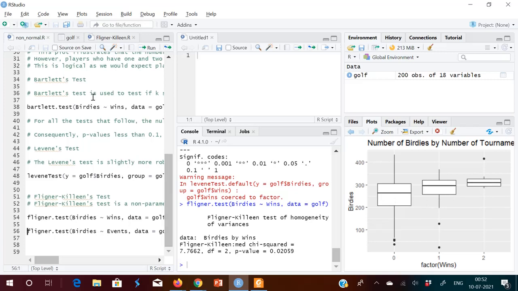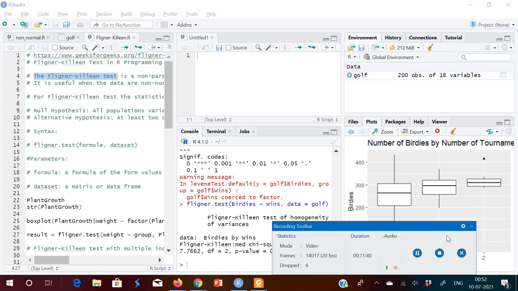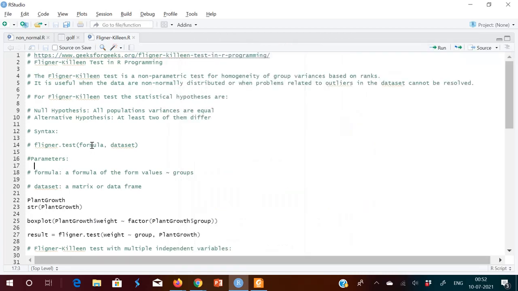So now I will explain in detail this Fligner-Killeen test. Let me see how much time I have taken. Yeah, 11 minutes only, so I will explain this in the same video. This is the code for that.